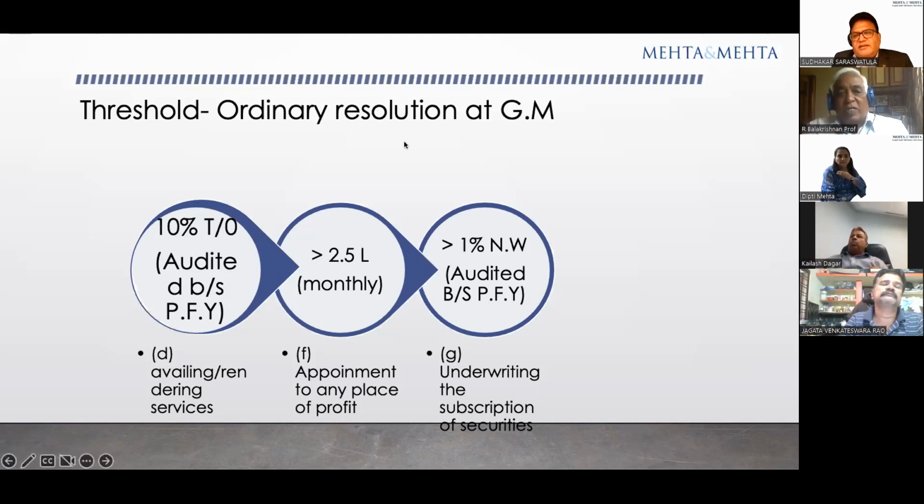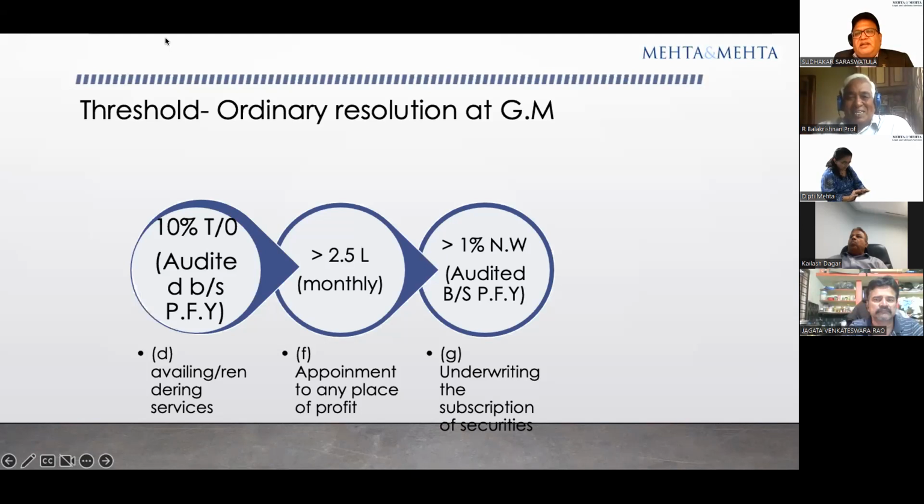RPT transactions which are in the ordinary course of business and at arm's length are required to be entered in the register of contracts, especially in the case of an unlisted company. Whether it is a listed company or an unlisted company, the rules are the same. Section 188 is exempted, not section 189.